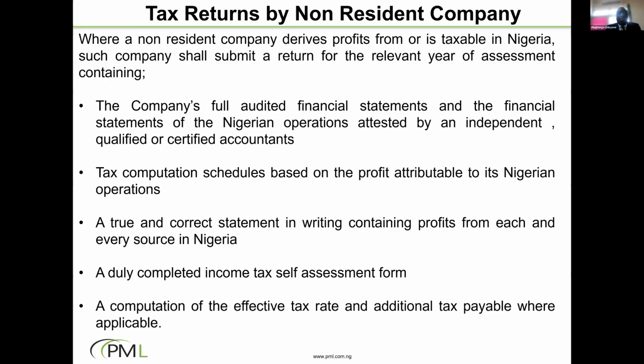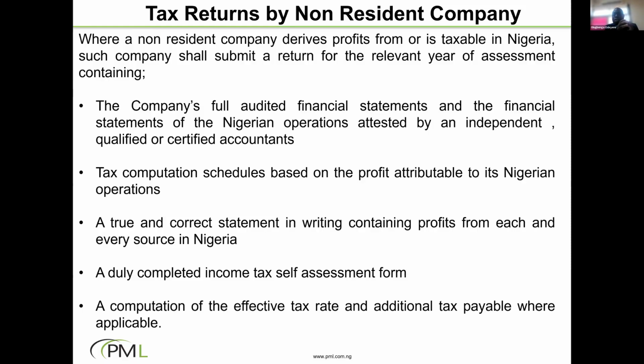In that return, it is supposed to include the company's full audited financial statement and the financial statement of the Nigerian operations attested by an independent, qualified individual. A tax computation schedule based on the profit attributable to the Nigerian operation will be properly stated, and that is the tax the non-resident company will pay.